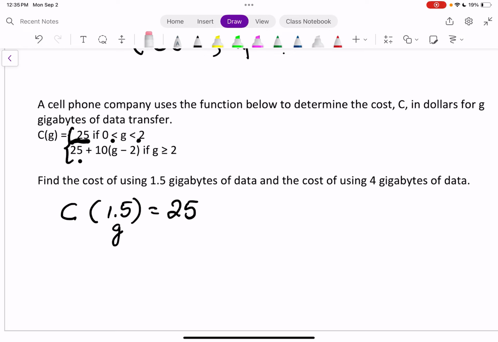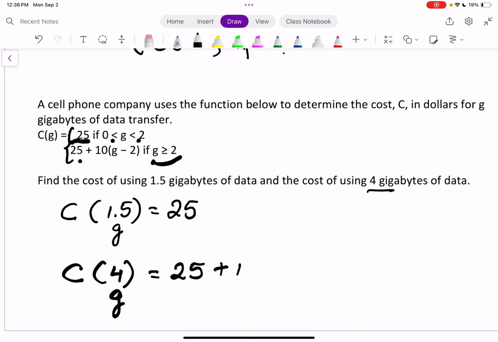If you're going to use 4 gigabytes, then what is the cost of 4 gigabytes? Remember, we're using function notation. We're substituting G with 4. Now, we know that if G is more than 2, we're going to use the second part of the definition. So that's where I plug in my 4.